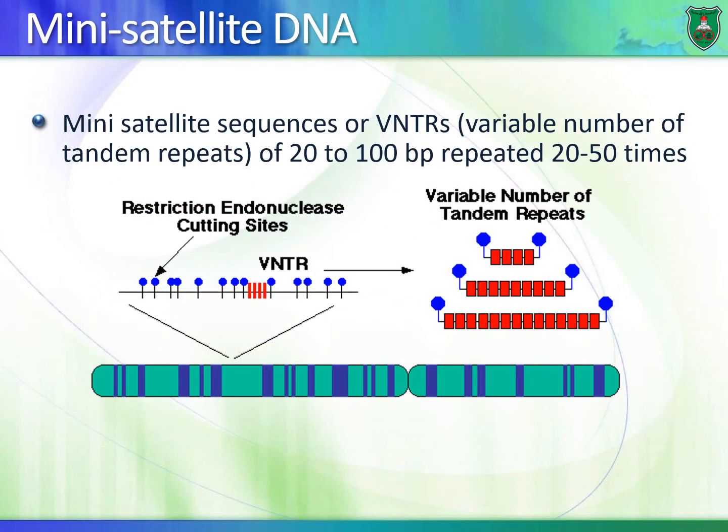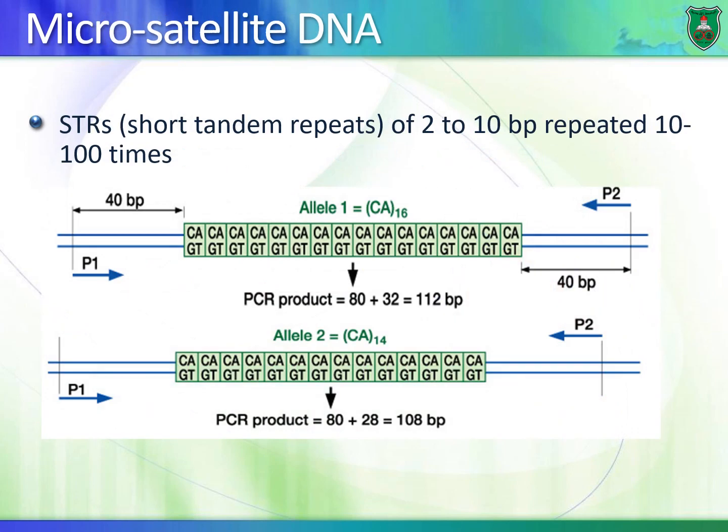So minisatellites, or VNTRs, each repeat contains about 20 to 100 base pair sequence, and it can be repeated 20 to 50 times. On the other hand, microsatellites are repeated 10 to 100 times, and they have this size, 2 to 10 base pairs.